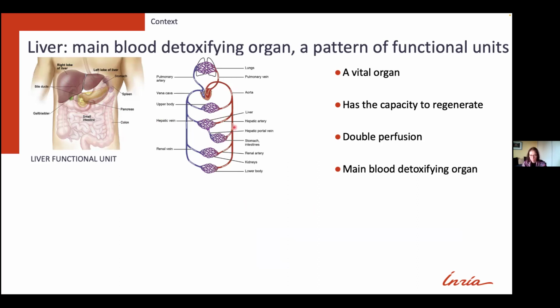It receives arterial blood, which is oxygenated to sustain the organ, but it also receives venous blood coming from the stomach, the intestine, etc., that it has to detoxify.